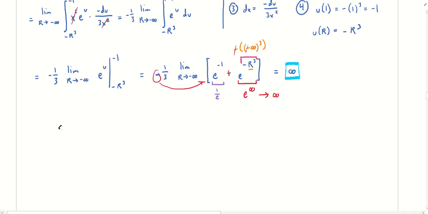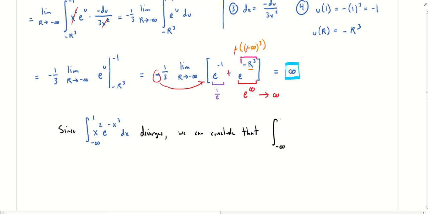So I'll say here, since this integral we were just working with, the integral from negative infinity to 1 of x squared times e to the negative x cubed diverges, we can conclude that the original integral we were looking at, so the integral from negative infinity to infinity of x squared times e to the negative x cubed, diverges as well.